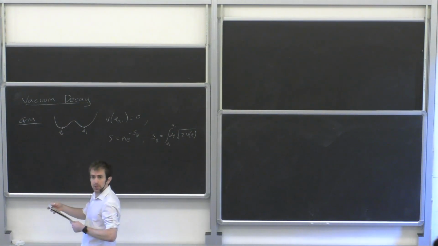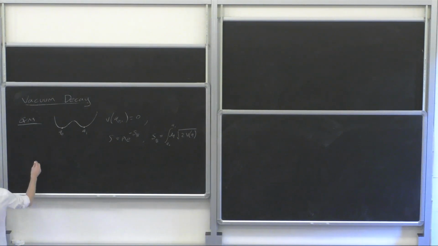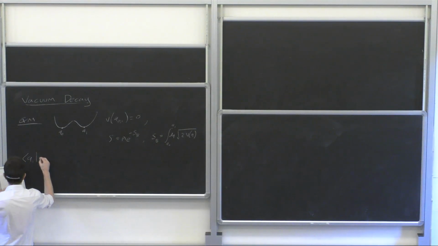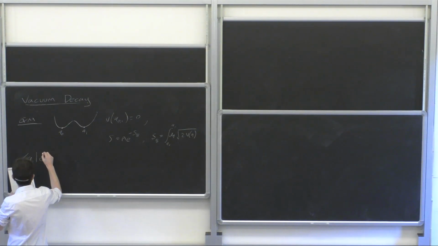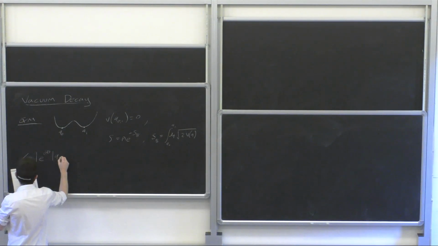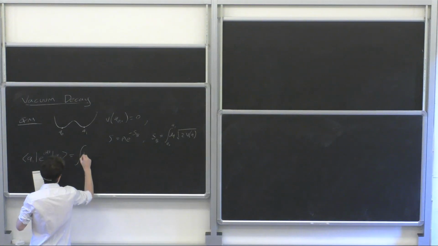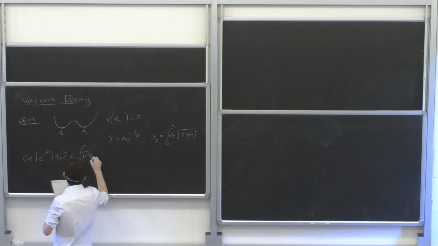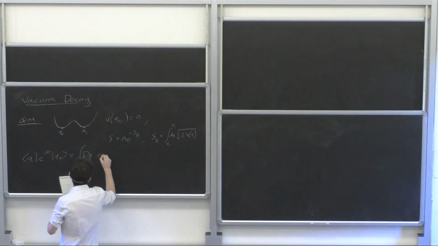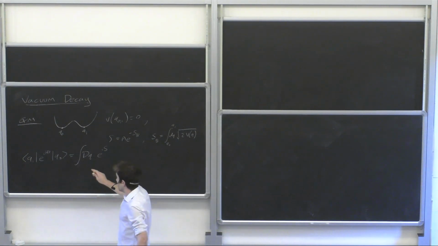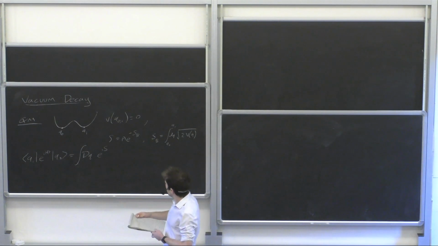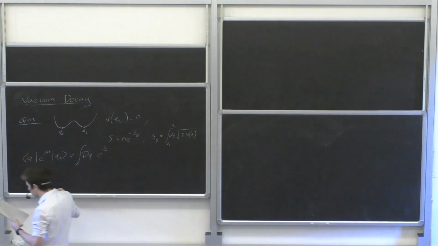We can, of course, also compute exactly the same thing using the path integral. So if we want to calculate this transition amplitude, as you know well, we can represent it in terms of a path integral.